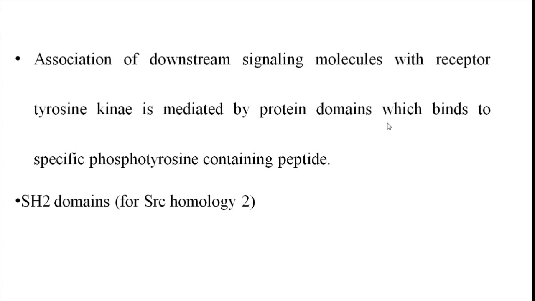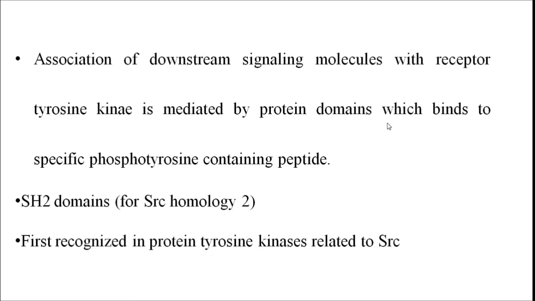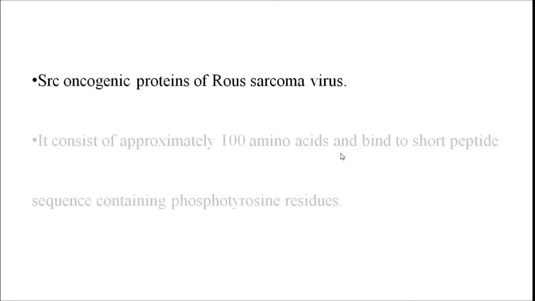The first one is the SH2 domain, also known as the SRC homology 2 domain. It is so named because it was first recognized in protein tyrosine kinases related to SRC. SRC are the oncogenic proteins of Rous sarcoma virus.